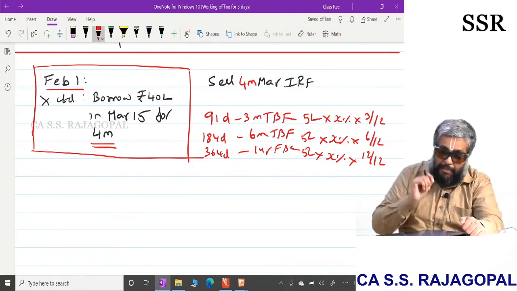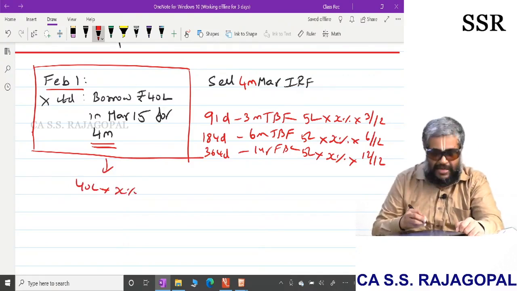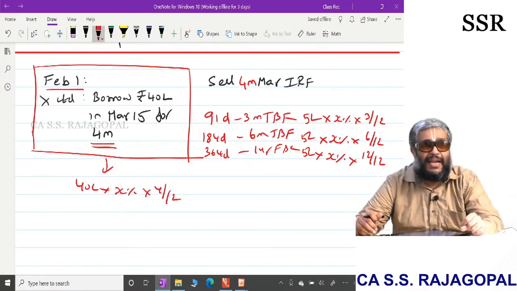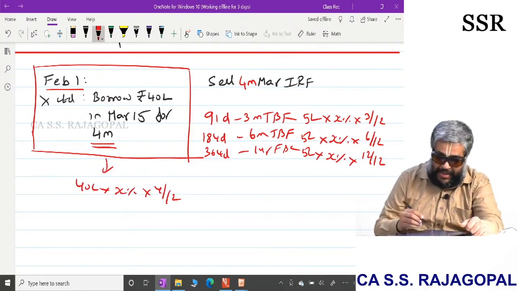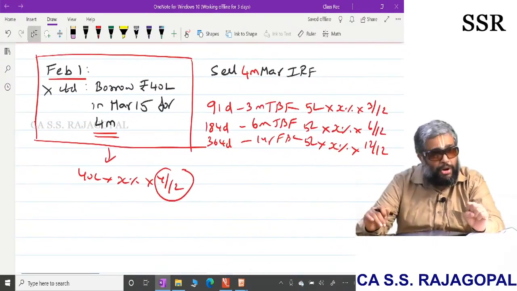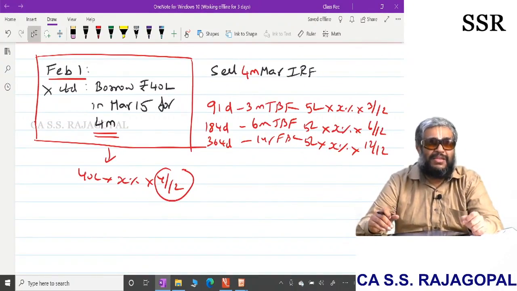Now, my loan of 40 lakhs will apply the interest rate X% into 4 by 12. Everybody understanding? Now, the problem is how to hedge a 4 months borrowing, a 4 months interest rate, with the help of a 3 months or 6 months or 1 year futures.